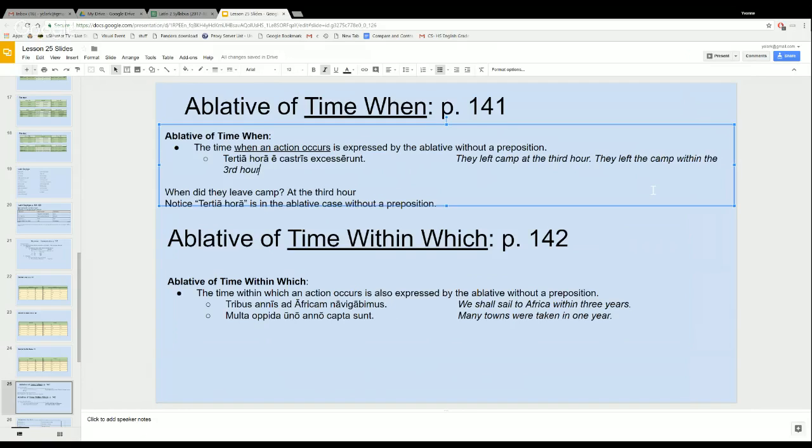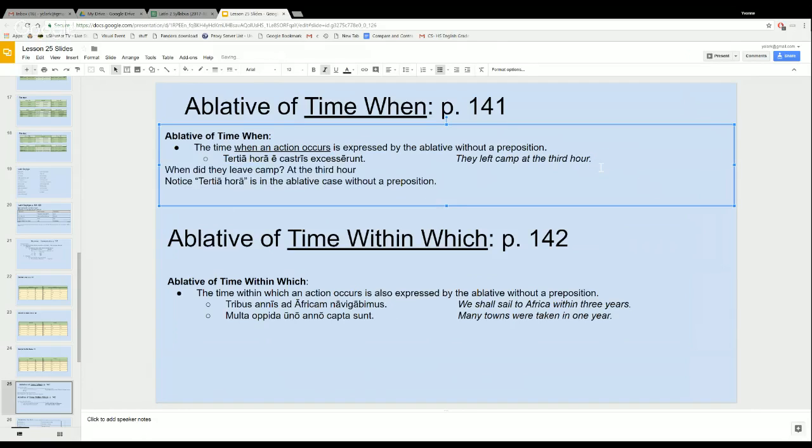That doesn't really make sense. And even if you said in the third hour, you're still hearkening back to time when. When did they leave? In the third hour. So it's not about that, but within the third hour doesn't make sense.